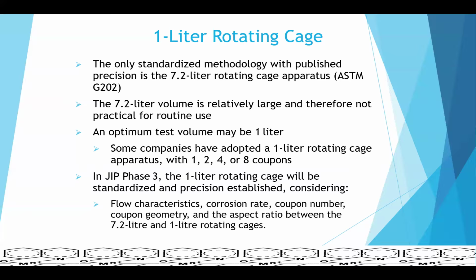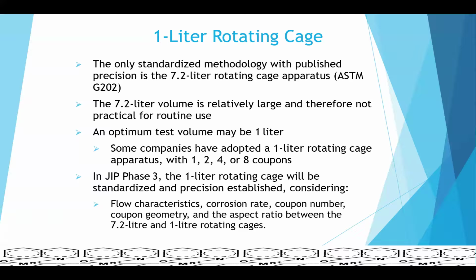To address that in phase 3, we are going to standardize the 1 liter rotating cage under standard condition, and we establish the precision statement for that geometry and for that operating condition.